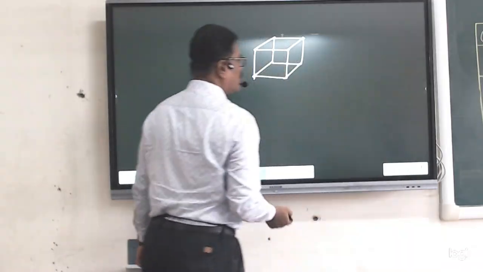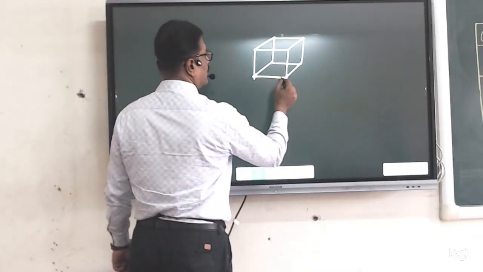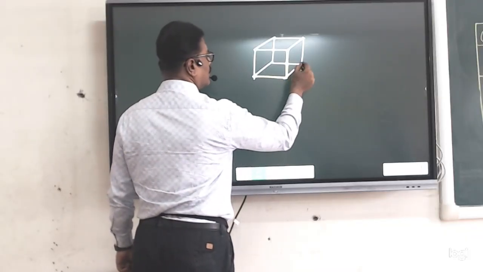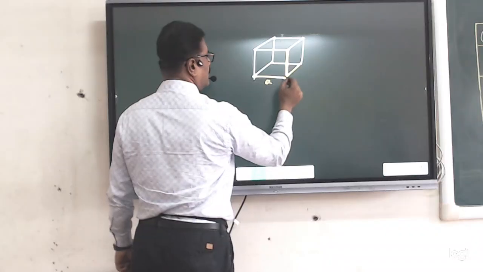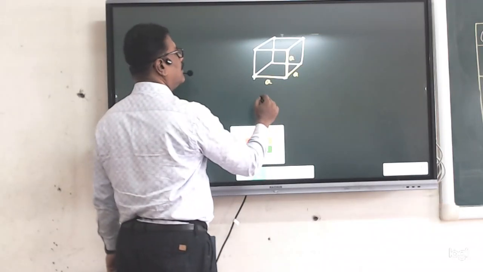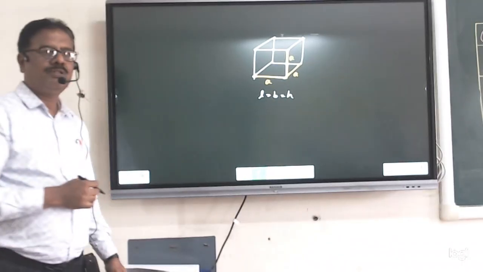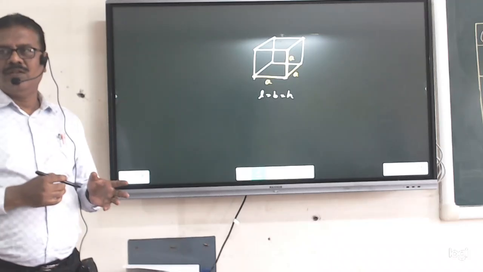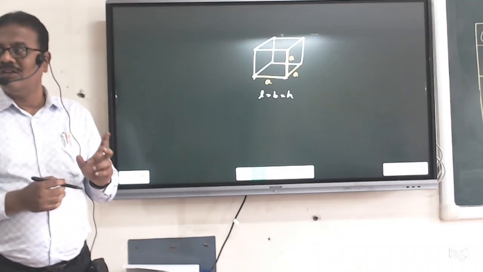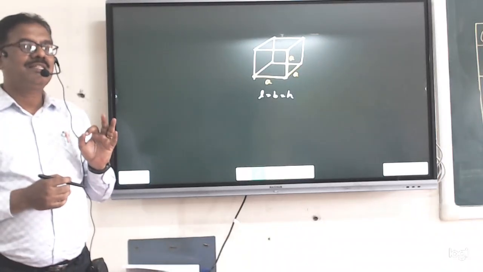But when you talk about this solid, what is it called? Cube. Here the length, the breadth and the height, all the three dimensions are equal. This is one more difference that you can notice between a cuboid and a cube. In a cuboid, length, breadth and height are different, whereas in a cube, length, breadth and height are the same.